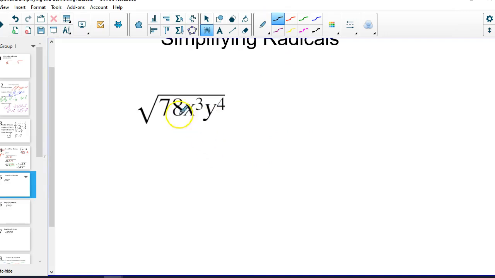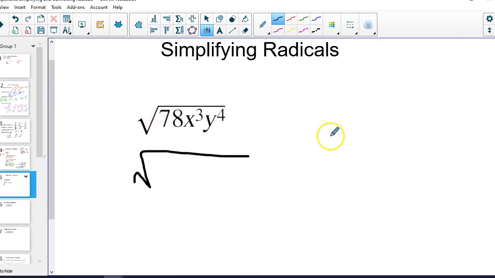So let's start with our number. Let's break it down. We have a square root here, so we're looking for pairs. I know that 78 is an even number, so it's divisible by 2. So I can divide out a 2. 78 divided by 2 will give us 39.